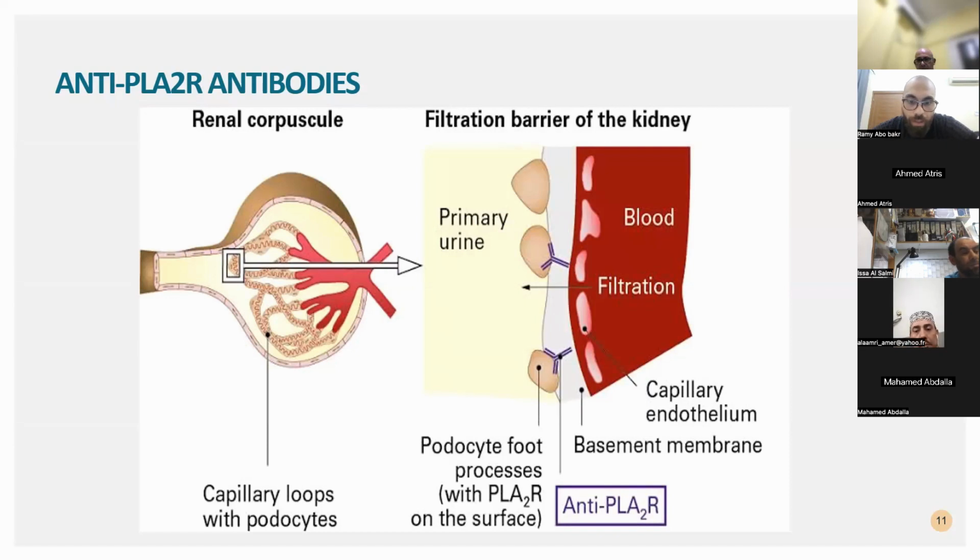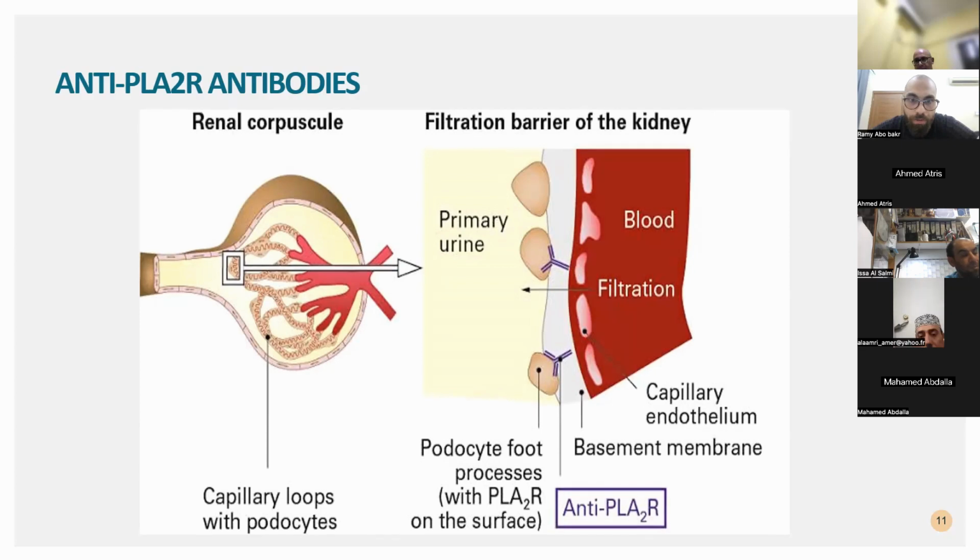Podocytes have on their surface what is called the phospholipase A2 receptor, and this is an antigen which is the target for specific antibodies, called anti-phospholipase A2 receptor antibodies, and this is the cause of primary membranous.